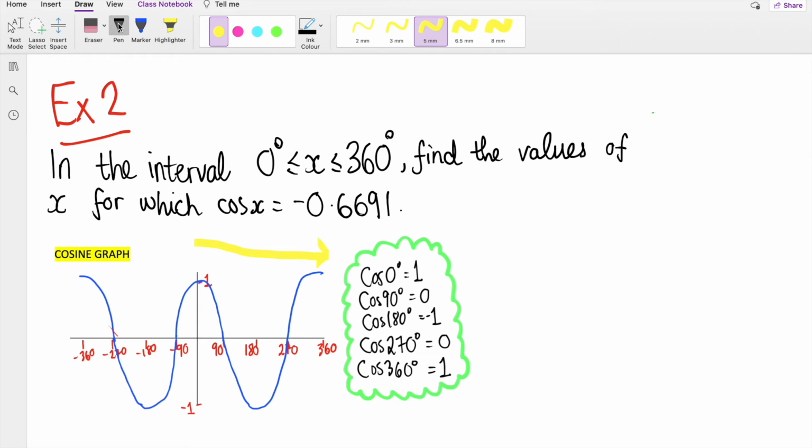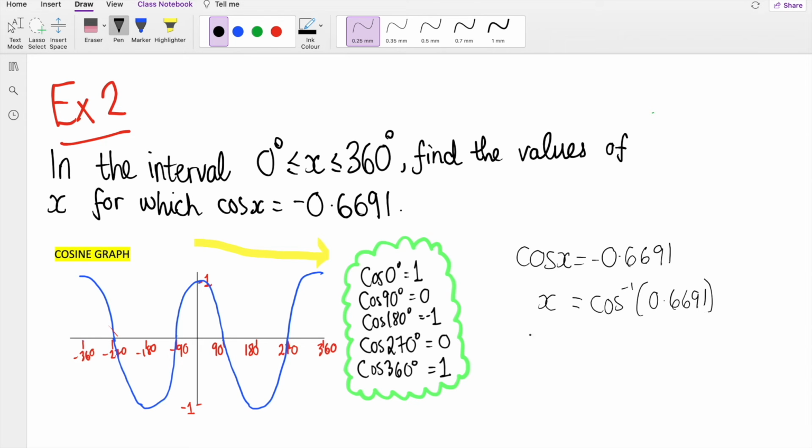So if cosine x is equal to negative 0.6691, I can find which value of x that is true for. So again, I need to find inverse cos.